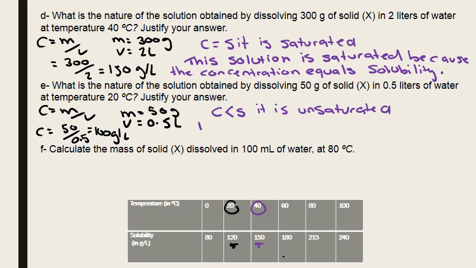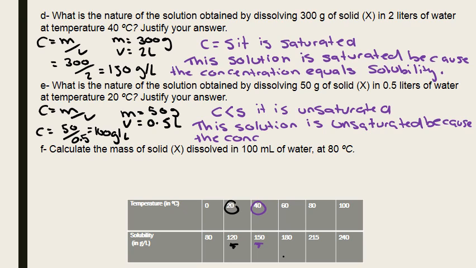So here we write, this solution is unsaturated because the concentration is less than the solubility.